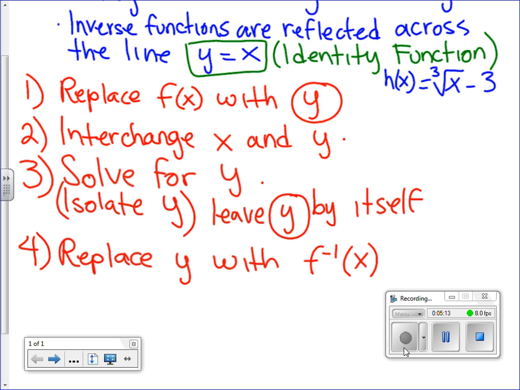So we go to step number 1. Now, I know we don't have f of x, but we have h of x instead, okay? So by step number 1, we replace h of x with y. Now, the next thing, step number 2, it tells me to interchange x and y.